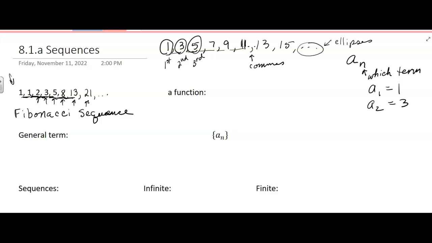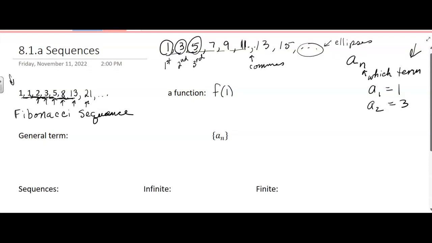Okay, now when we talk about this relationship, we're going to go back to what we were talking about over here. If you wanted to write it as a function, you would say f of 1. That would be the first term. Okay, so we're saying what's the first term? It's a sub 1, which is 1 in this case, right?